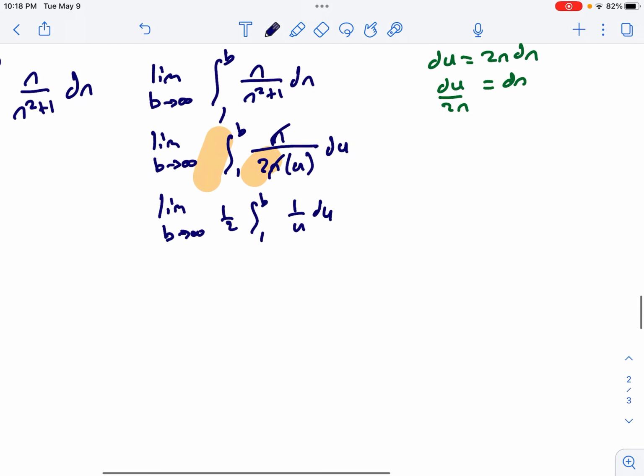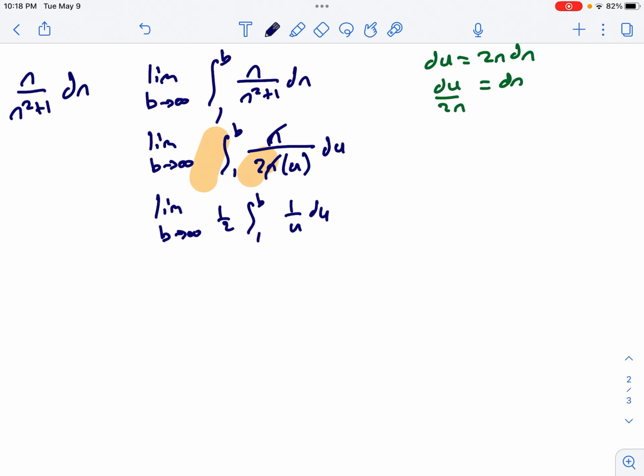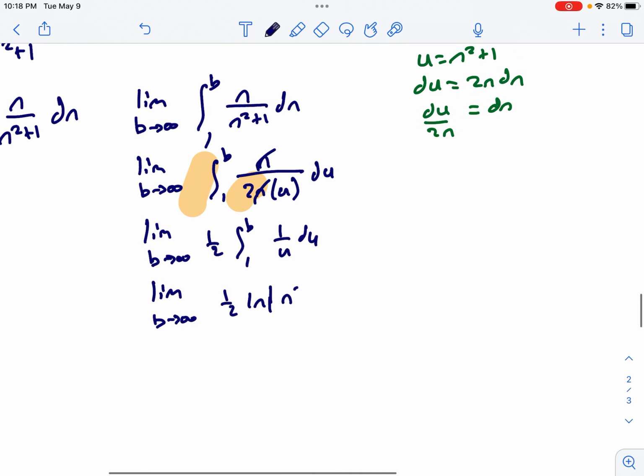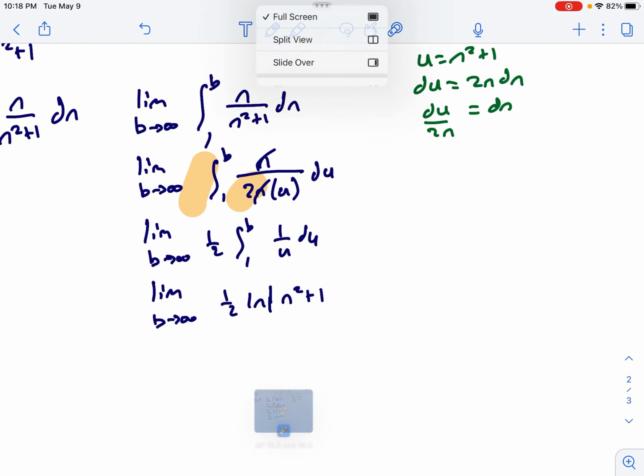All right. So let's go ahead and integrate 1 over u. That's the natural log of u. The limit as b goes to infinity of 1/2 the natural log of u. We can go ahead and plug in what our u value is, n squared plus 1. Don't need the absolute value because n squared will always be positive, so I'll use parentheses.